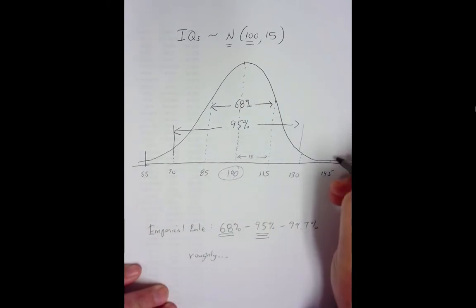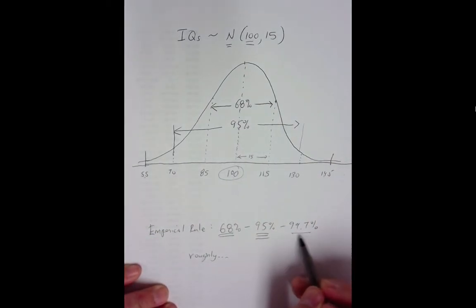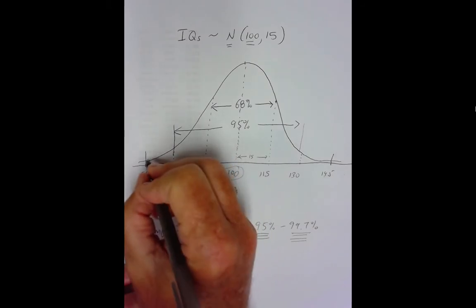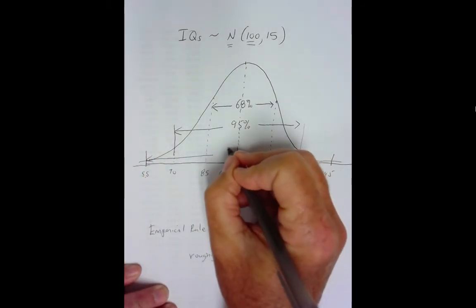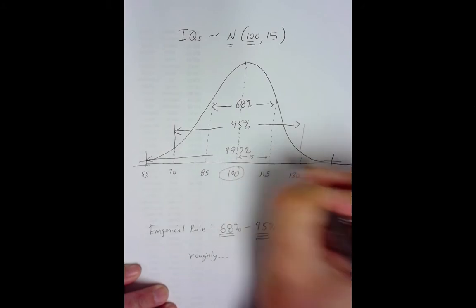From 3 standard deviations below to 3 standard deviations above, we have approximately 99.7% of our distribution.